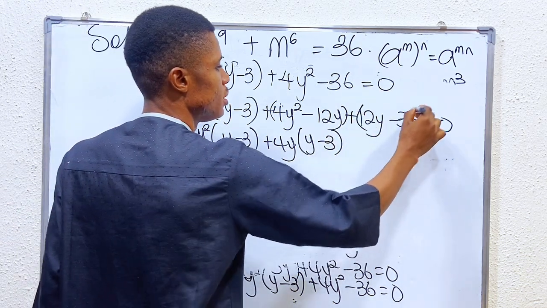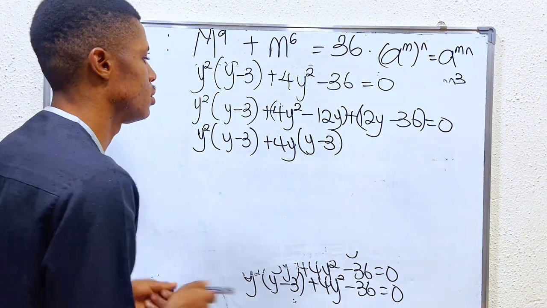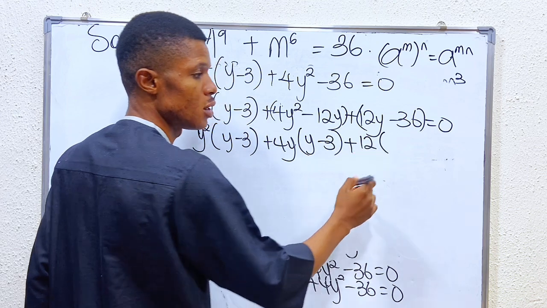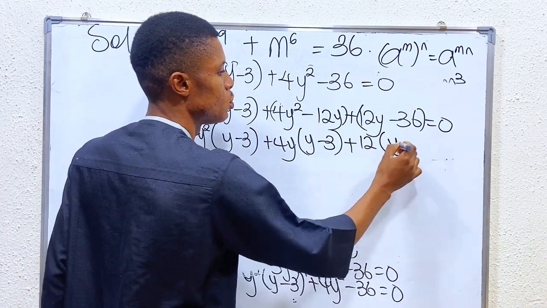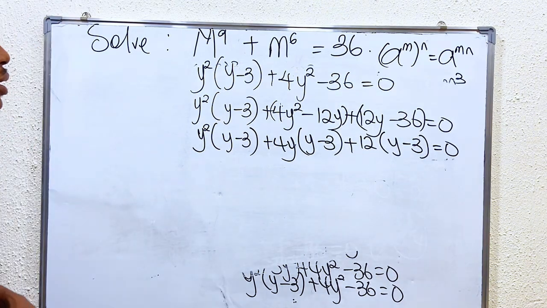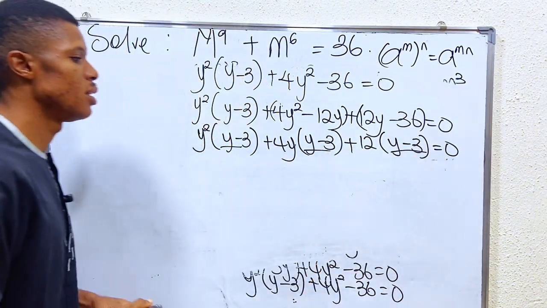Then I'll factor out plus 12, and I'm left with y minus 3 equal to 0. What is common here? y minus 3 is here, y minus 3 is here, y minus 3 is here.